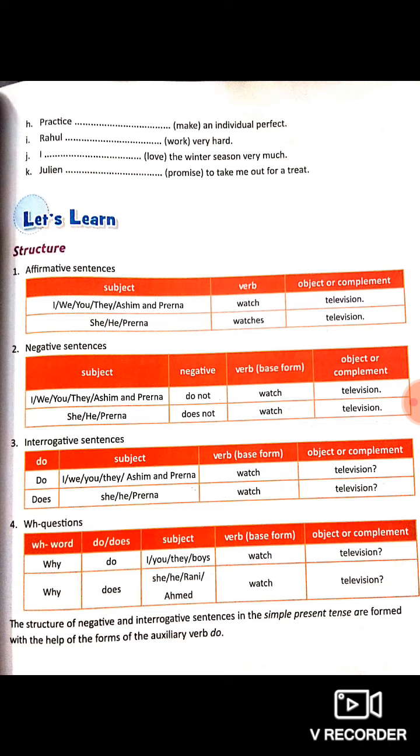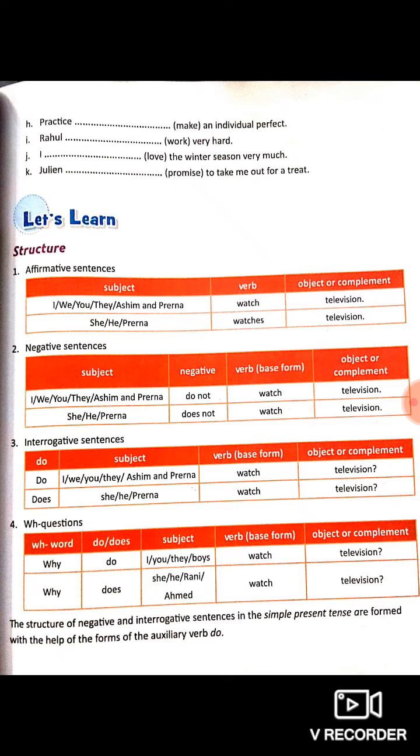And there are two nouns joined by the conjunction and, Ashim and Prerna. These are two nouns, that is a plural noun here. Therefore, then we use the verb watch and then object or complement, television. I watch television, you watch television, Ashim and Prerna watch television.